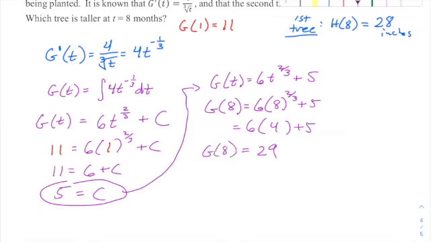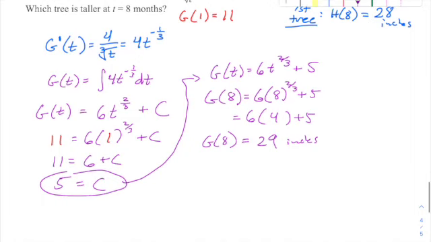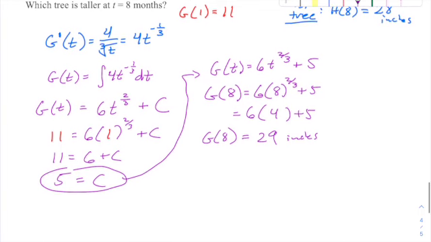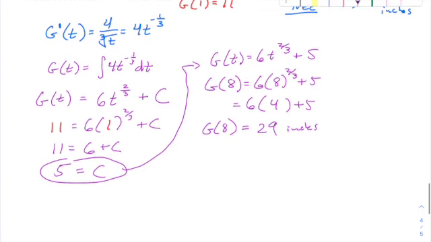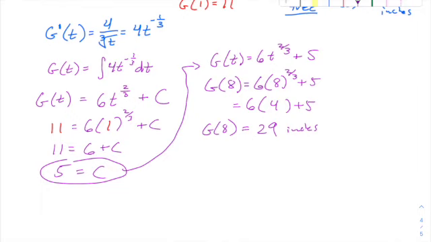So g of 8 is 29 inches, and so you can see that that c value gave you just enough to push it over the height of the first tree. So again, let's make sure we actually explicitly answer the question. The second tree is taller at 8 months.